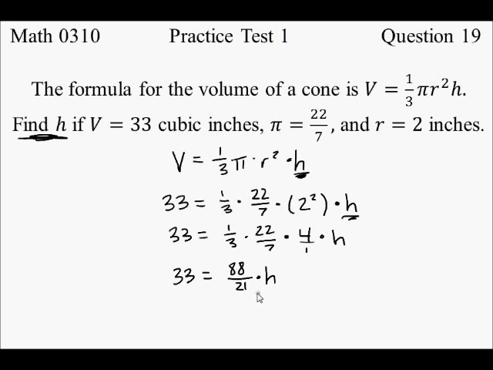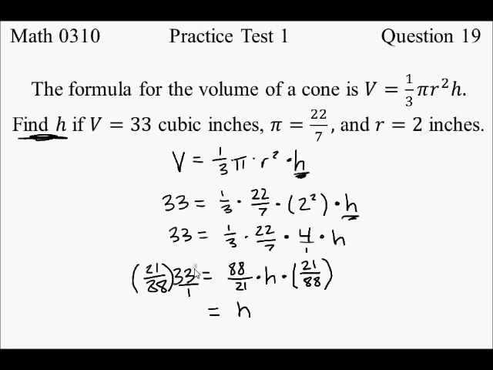We just want 1h, so the way we get rid of a fraction and turn it into 1 is to multiply by the reciprocal of that fraction. The reciprocal of that fraction is 21 over 88. So we need to multiply the other side by 21 over 88. Now we can simplify. On the right we just have 1h left over, and on the left we can think of 33 over 1 and do some simplifying.